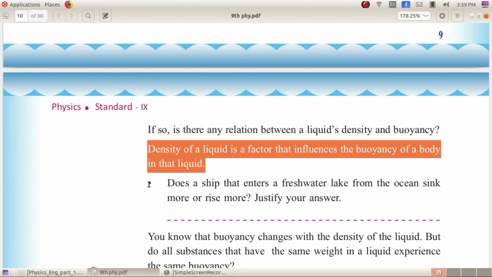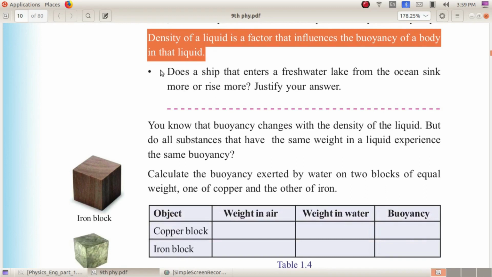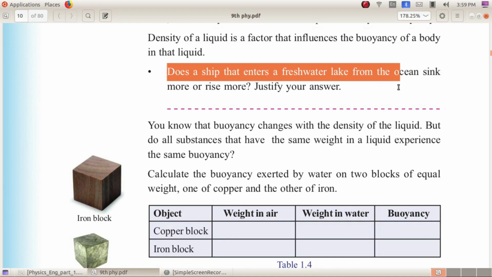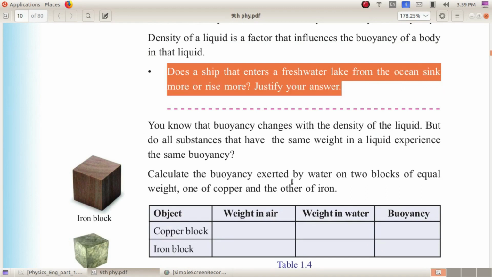Now you have realized that the buoyancy acting on a body depends on its volume also. That is, there are two factors on which buoyancy depends. The first one is density and the other one is its volume. That is, when the density of the liquid is greater, then it can exert more buoyant force on a body.